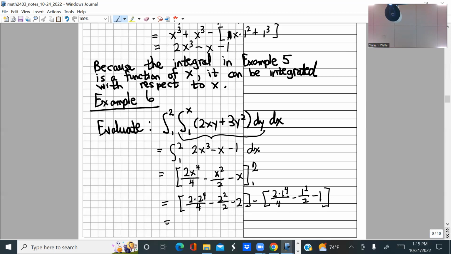Now, what I haven't explained to you at all is what problem have I solved with the double integral? What does that double integral represent? What's the meaning of that? What have I done? There's probably some geometric meaning to that double integral.